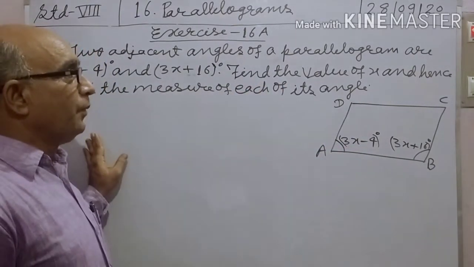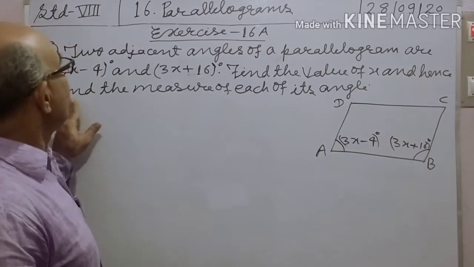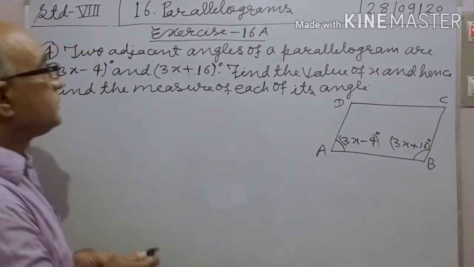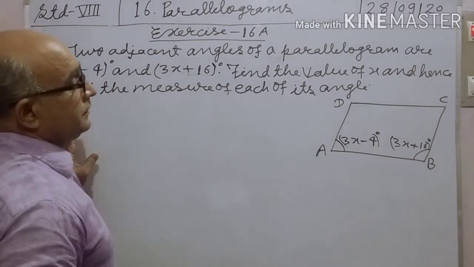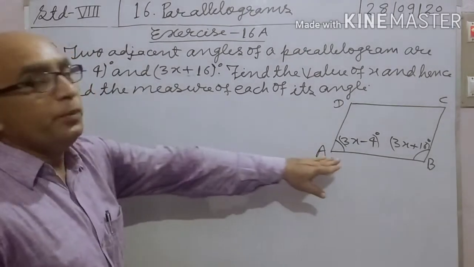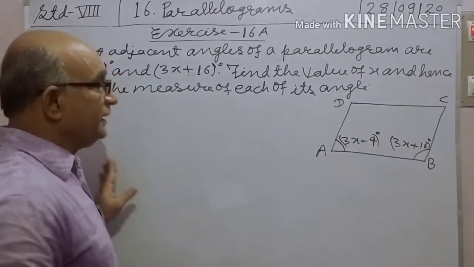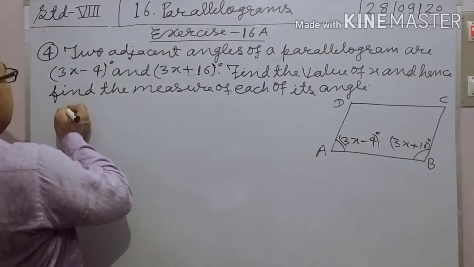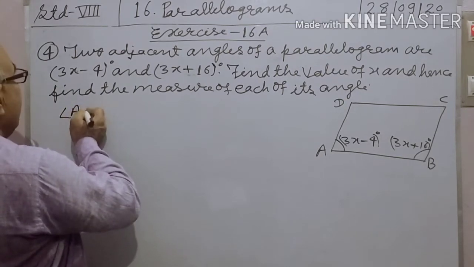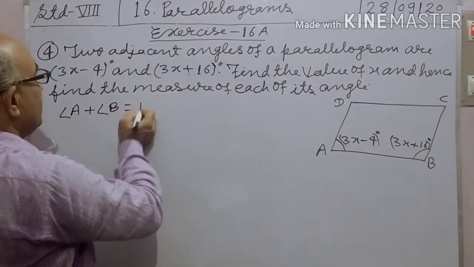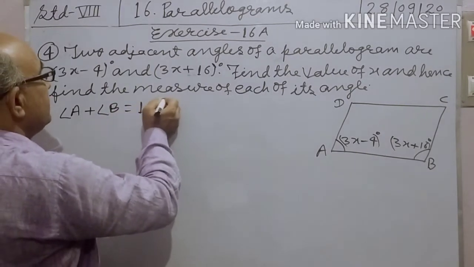Find the value of x and hence find the measure of each of its angles. We know that the sum of two adjacent angles is 180 degrees. So angle A plus angle B equals 180 degrees.